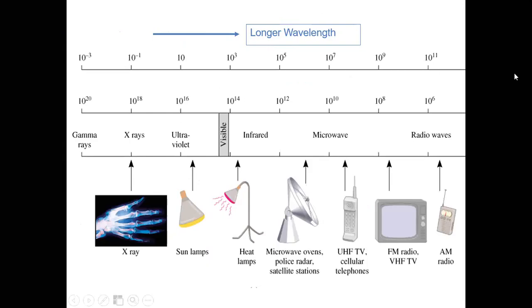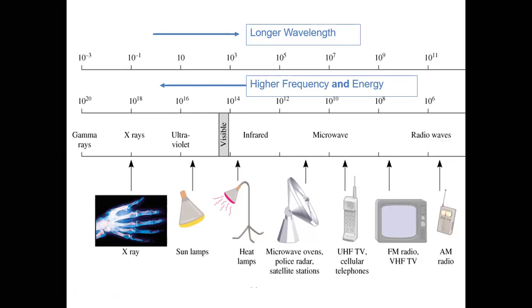If the wavelength is longer, the frequency will be lower and the energy will be low. On the other hand, when the wavelength is shorter, the frequency will be high and the energy will be high. So there is a relationship between wavelength and frequency, as well as frequency and energy. From there, we can also derive the relationship between wavelength and energy.